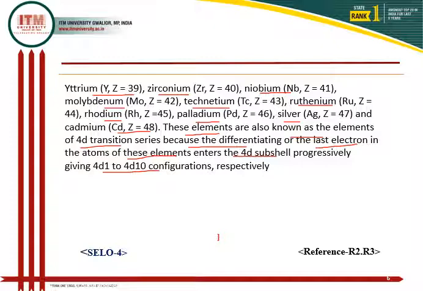U is for yttrium, Zara is for zirconium, Nirbhay Modi: Nirbhay is for niobium, Modi is for molybdenum, Thakena is technetium, Rukena is ruthenium, Rahe is for rhodium, Pahad is palladium, Aage is for silver, Chade is for cadmium.